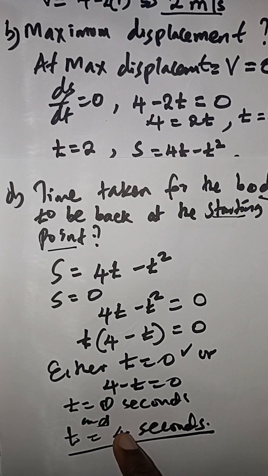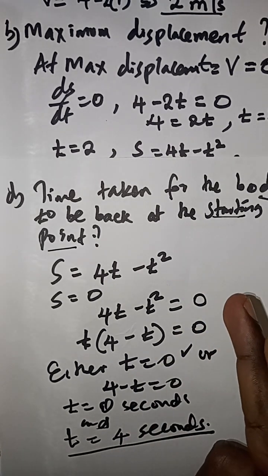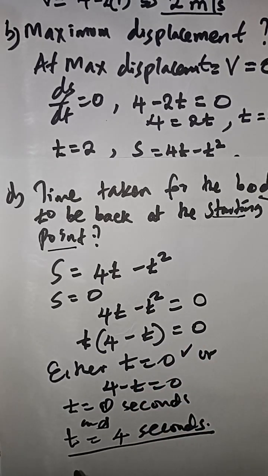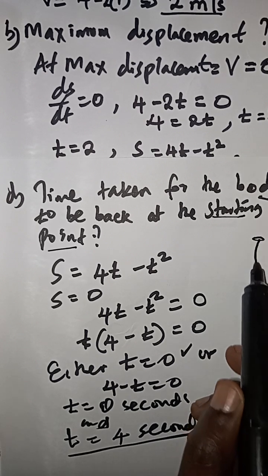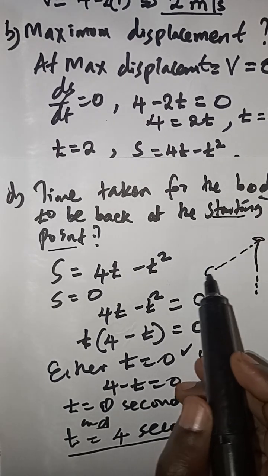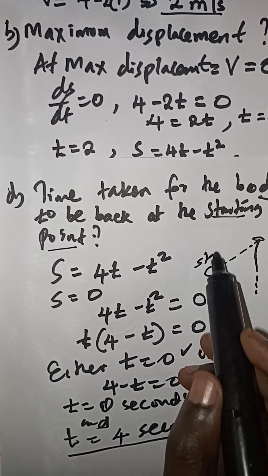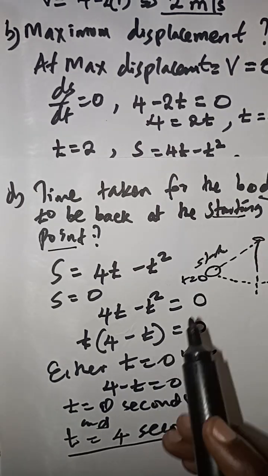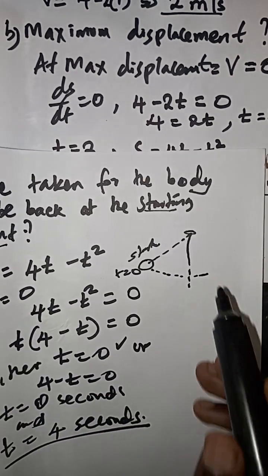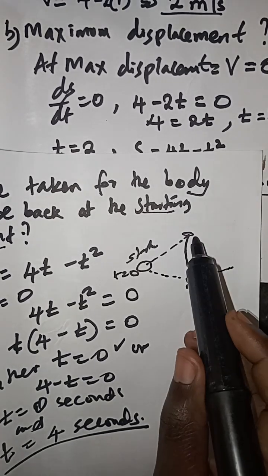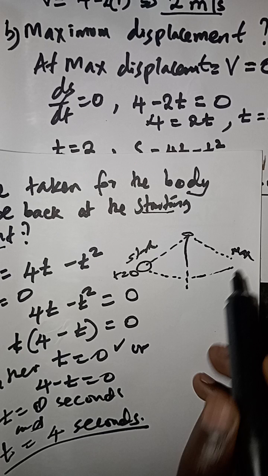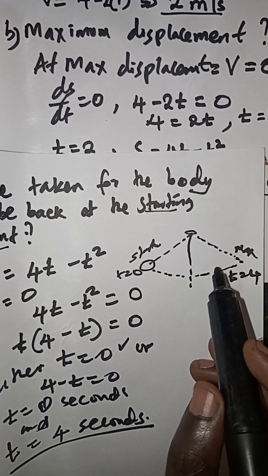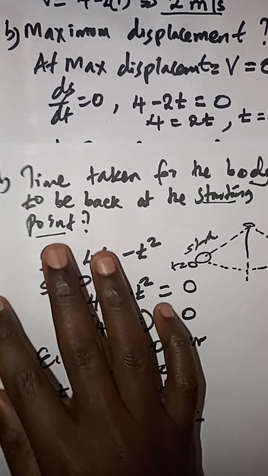After 4 seconds it will be at rest. The body starts at the starting point, where t equals 0, and then it goes, reaches a maximum point, and returns at t equals 4. That is what it means.